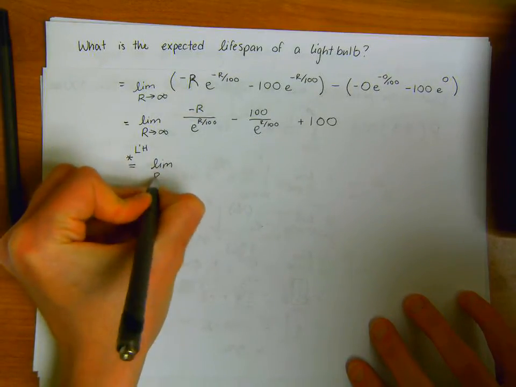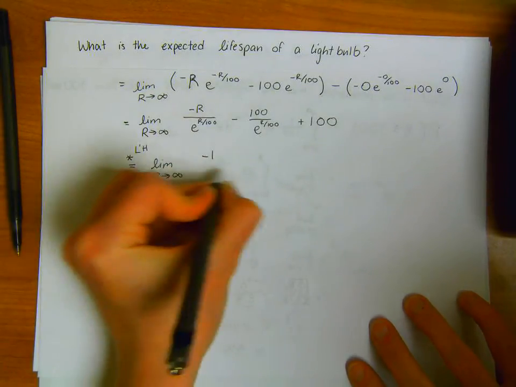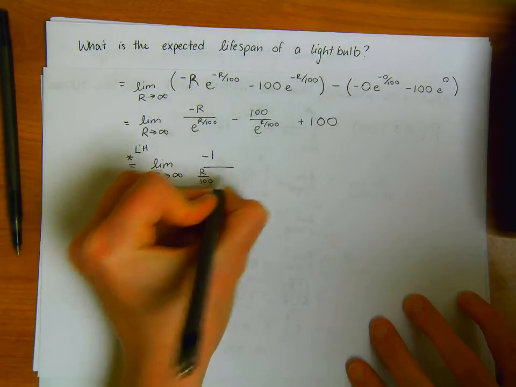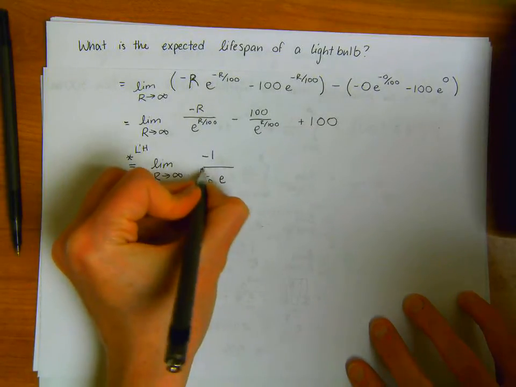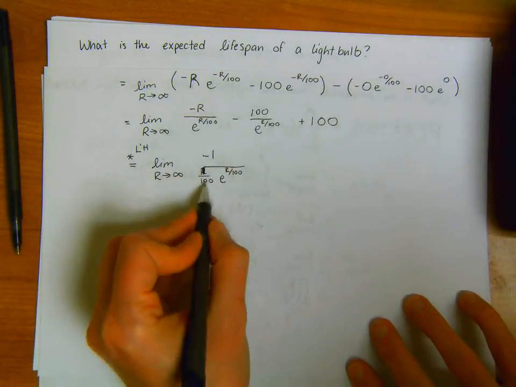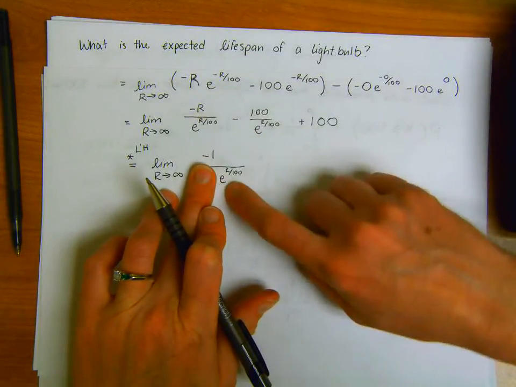I'm going to take the derivative of the numerator here. The derivative of the numerator is negative 1. The derivative of the denominator is going to be r divided by 100 times, 1 over 100 times e to the 1 over 100. I'm taking the derivative with respect to r. So the derivative of e to the stuff is just e to the stuff.